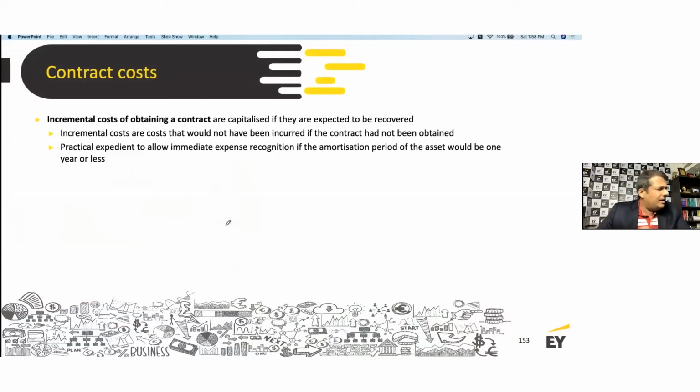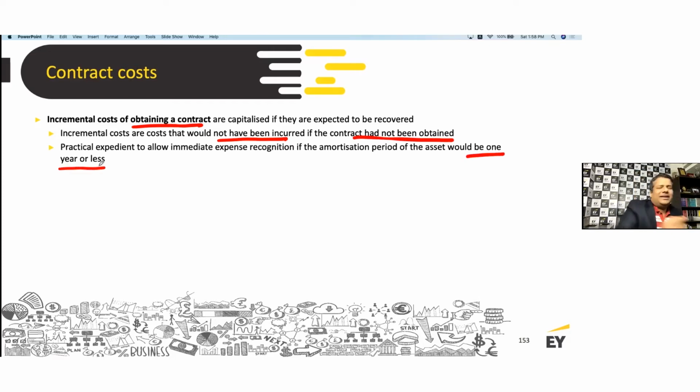So incremental costs of obtaining a contract are capitalized if they are expected to be recovered. Incremental costs are costs that would not have been incurred if the contract had not been obtained. There is a practical expedient to allow immediate expense recognition if the amortization period of the asset would be 1 year or less.